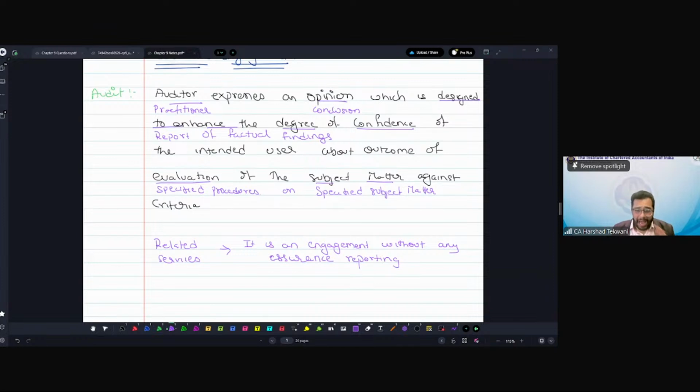Clear? Any doubt with respect to this one? Any doubt with respect to related services or agreed upon procedures?